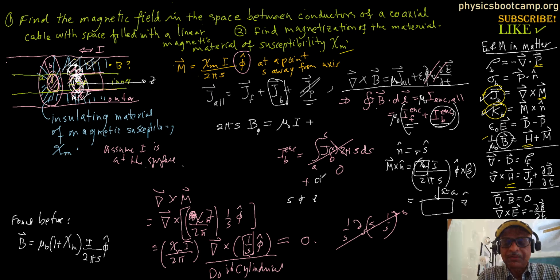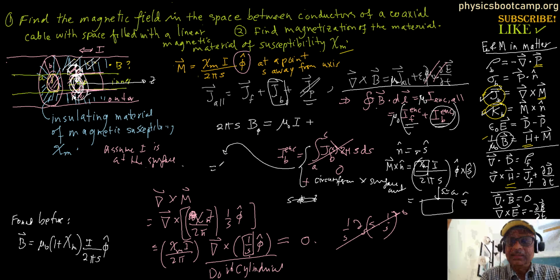So together, the surface current we just found with M cross n hat is chi m I over 2 pi a, times 2 pi a, and so this 2 pi a cancels out.